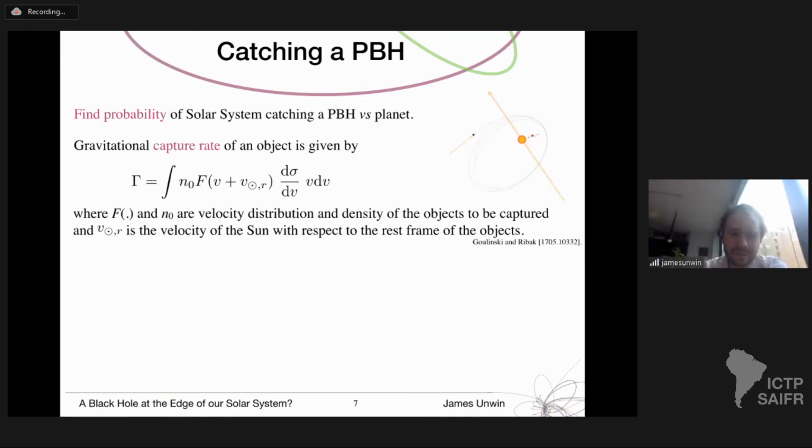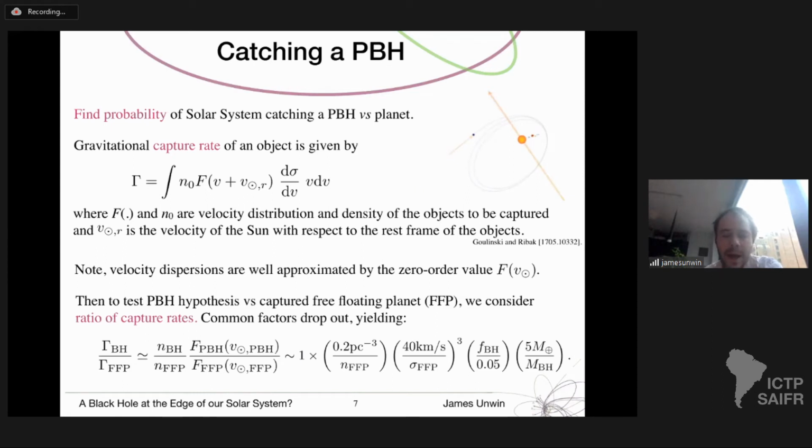And basically, the capture rate has some given form, and if you go ahead and you plug in all of the various numbers that correspond to a population of rogue planets, which are estimated in the literature, and it corresponds to a primordial black hole, which has a similar velocity distribution to the dark matter halo, and an abundance given by this OGLE excess.